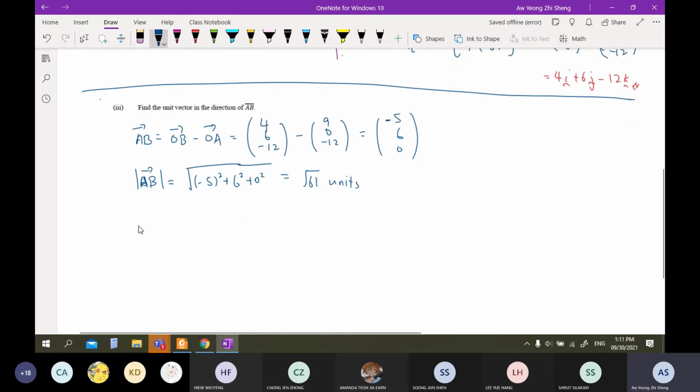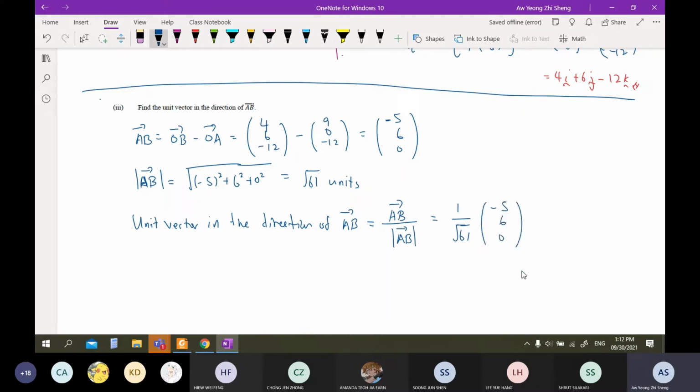And then as your final answer, you write unit vector in the direction of AB. That is AB divided by its own length. It's 1 over root 61 times (-5, 6, 0).